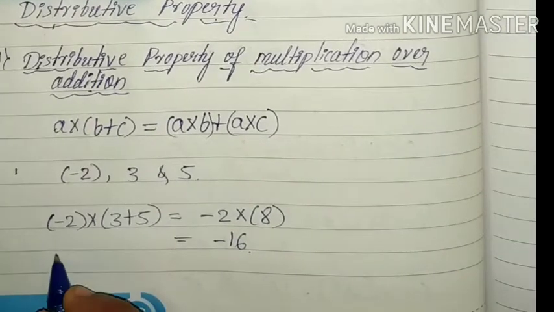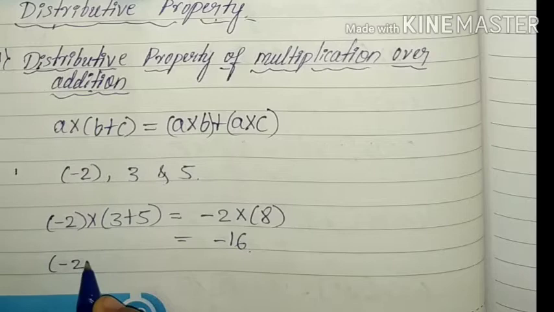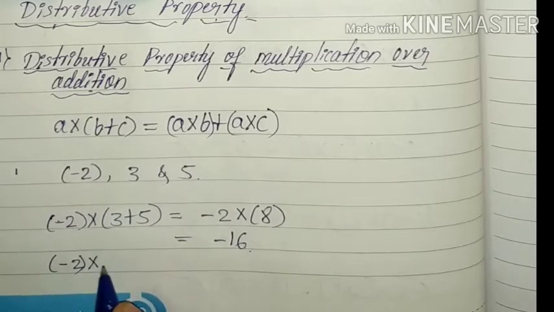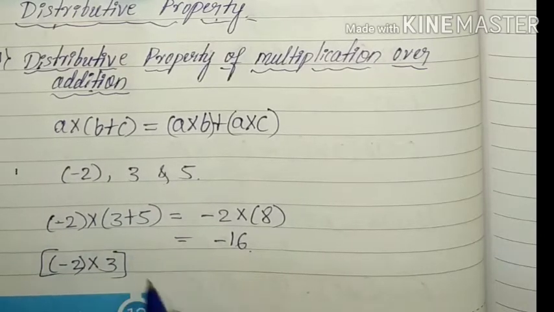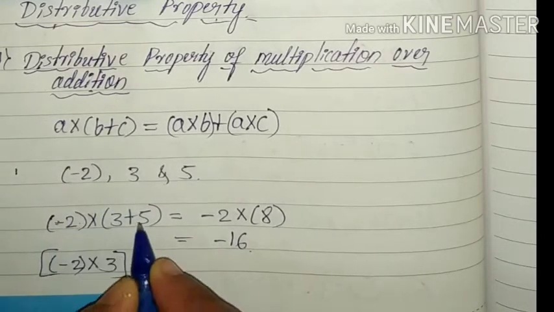Write like this, -2 into 3 plus of -2 into 5.